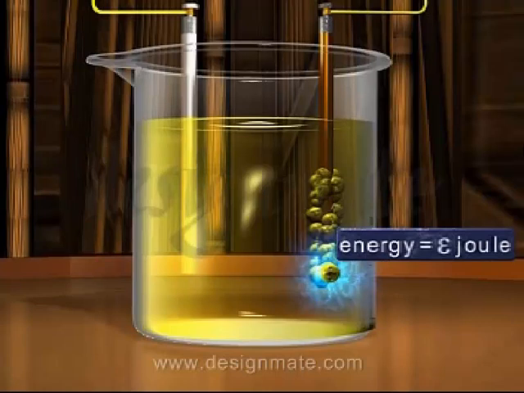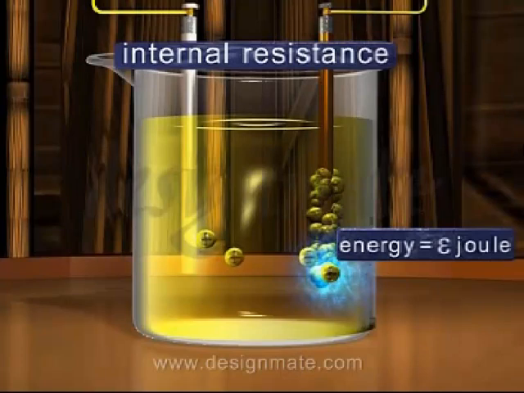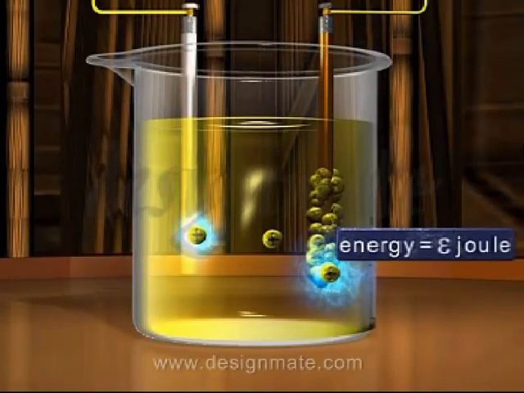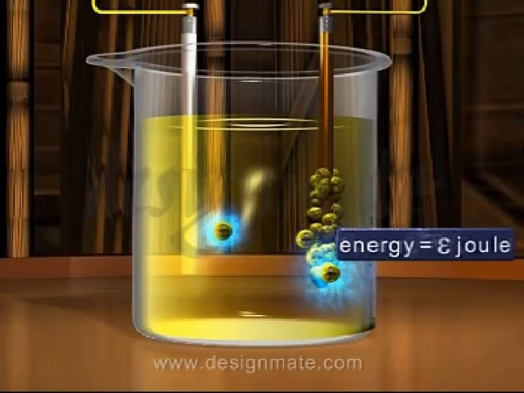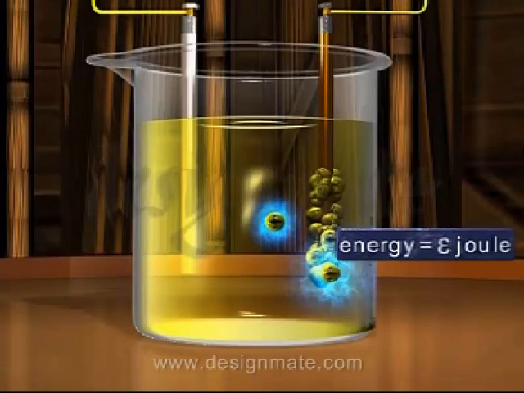When the charges are moving through the chemical materials, they experience some resistance. This resistance is called the internal resistance of the electrochemical cell. Obviously, the charges have to spend a part of the energy received by them from the chemical reactions to overcome this resistance.